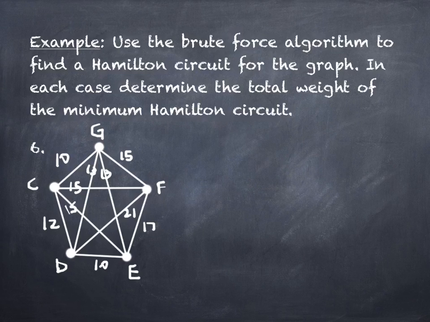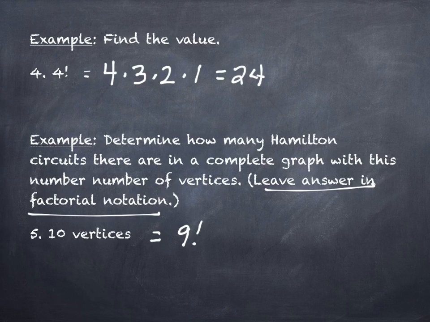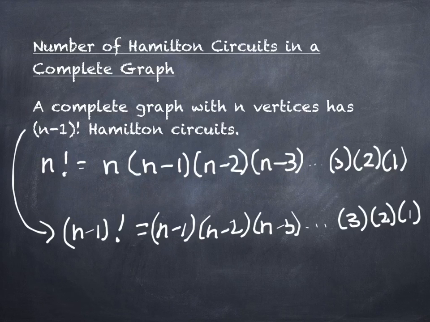Yeah, it's complete. So coming back over here, I have a complete graph, right? It has 5 vertices. How many Hamilton circuits will it have? 4 factorial, right?